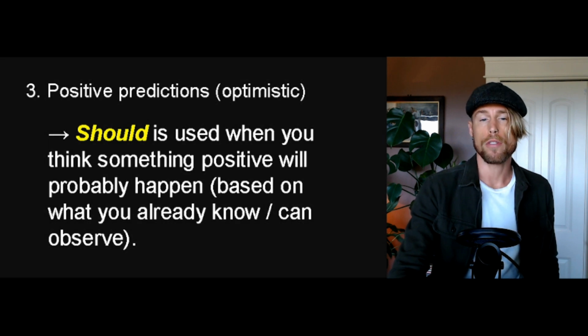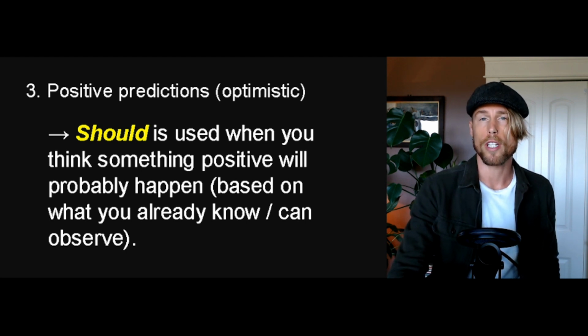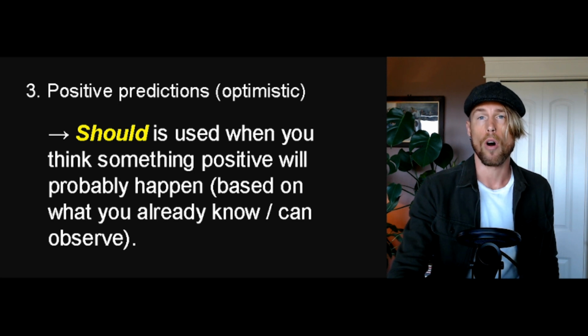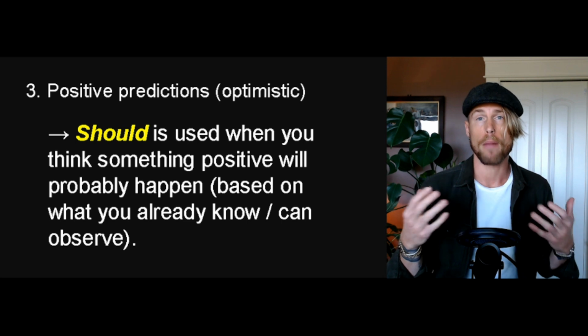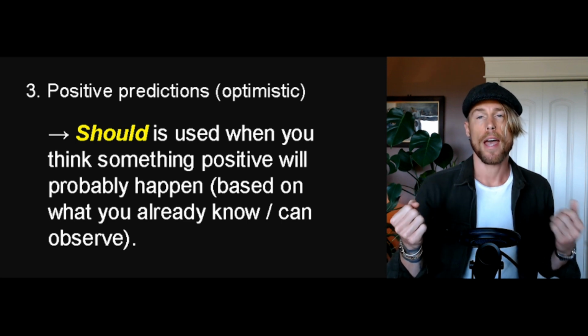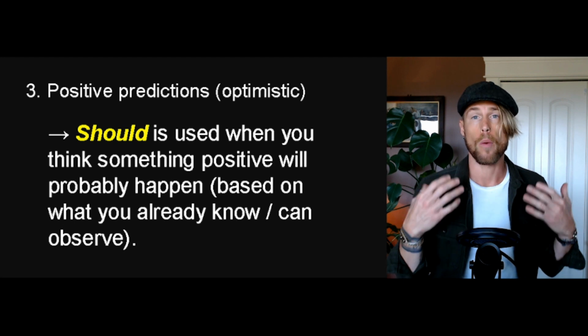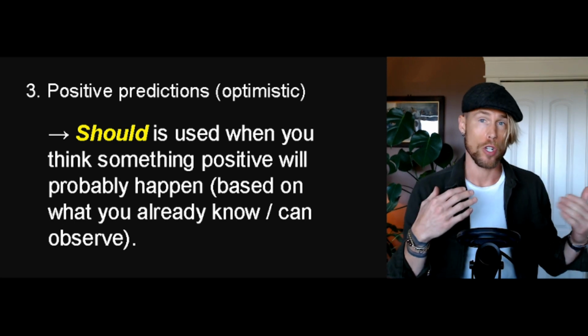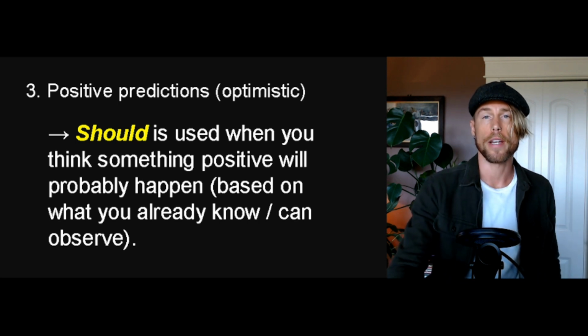Should is used when you think something positive will probably happen, and these predictions are usually based on what you already know, information you already have about something, or things that you can observe that will help your future prediction be optimistic. Let's look at some examples.